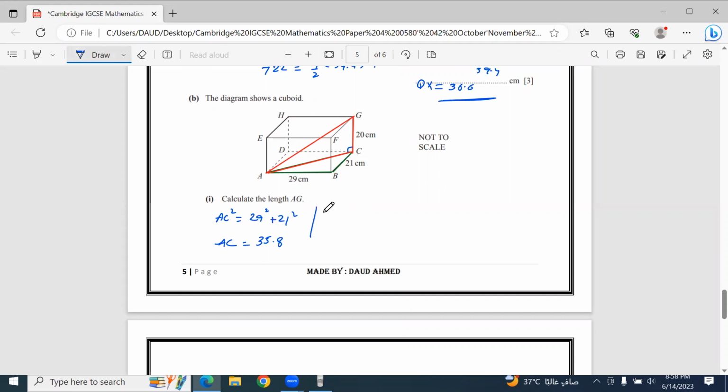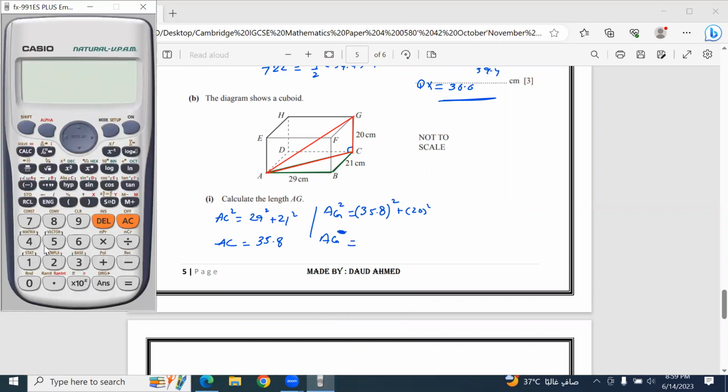So Pythagoras theorem says what? AG squared is equal to AC squared, which is 35.8 squared plus 20 squared. So AG we will find directly here: 35.8 squared plus 20 squared is equal to what?